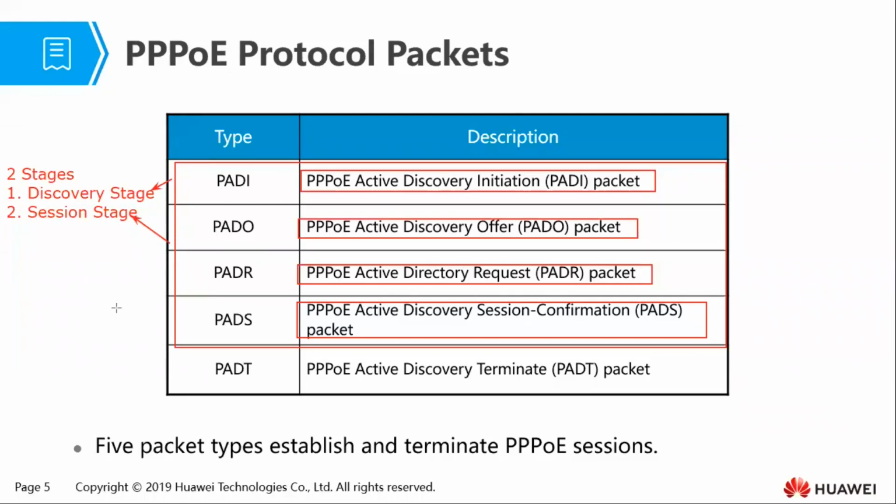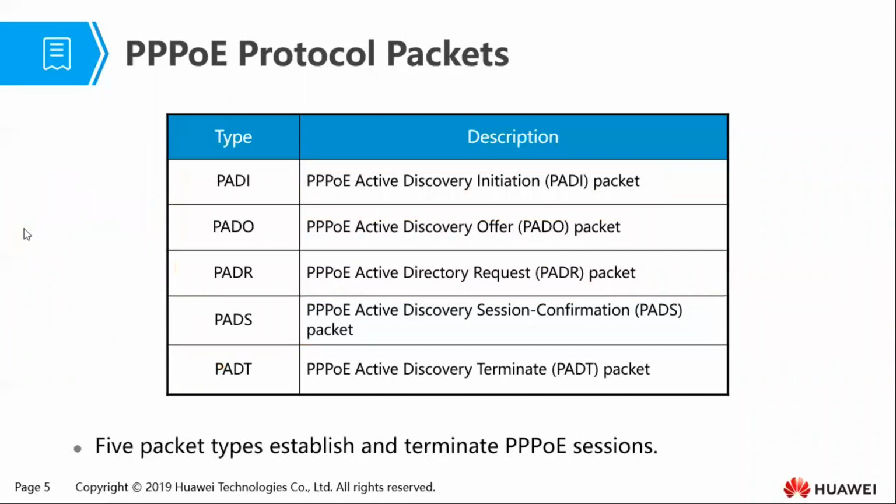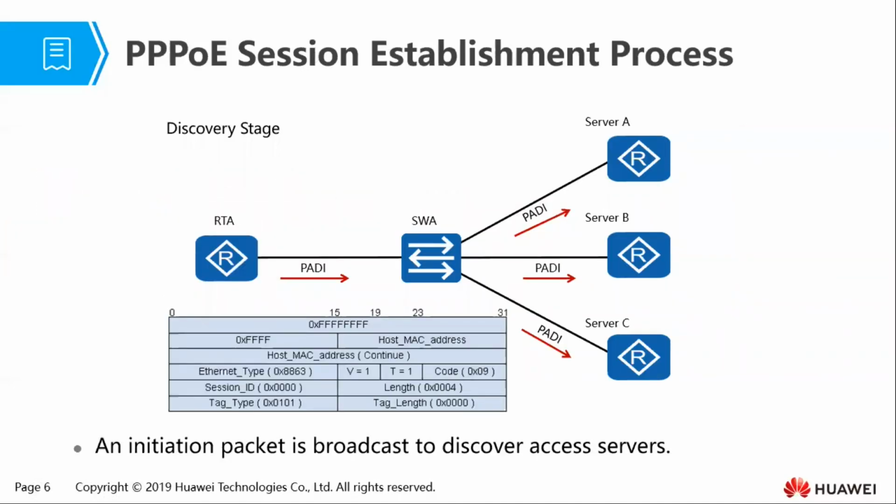Now, when you're done accessing the internet and the remote sites, you can also send what we call a PPPoE active discovery terminate packet in order to close the PPPoE session. So those are the 5 packet types that PPPoE uses. And this is one of the most examined parts of this particular course. So make sure you understand in the coming topics how each of these particular packets actually work.